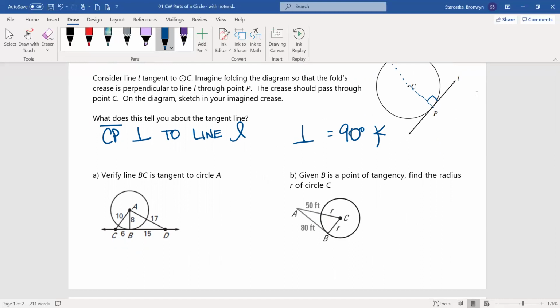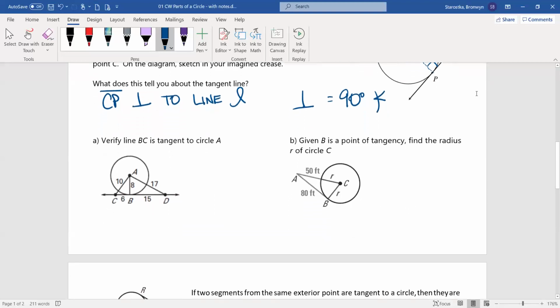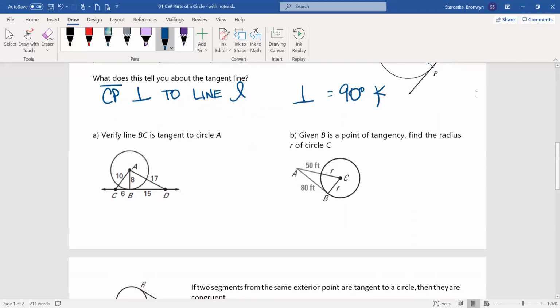And if we've got a 90-degree angle, we quite possibly have right triangles that we can design. So we want to verify that segment BC, where its length is 6, is tangent to circle A. Well, if we want to verify that it's tangent, then we'd need to have a 90-degree angle, wouldn't we?